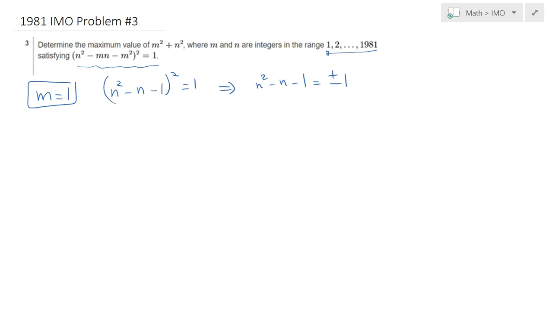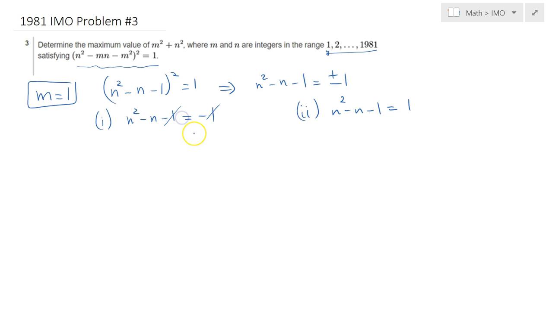And finally, I can split this into two cases. The first case is n squared minus n minus 1 is equal to negative 1, and the second case, n squared minus n minus 1 is equal to positive 1.